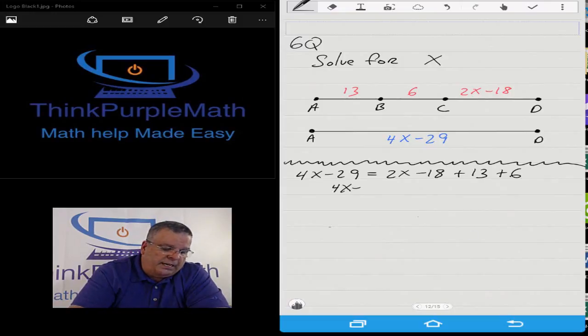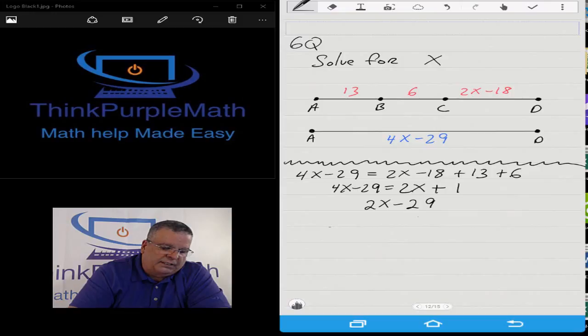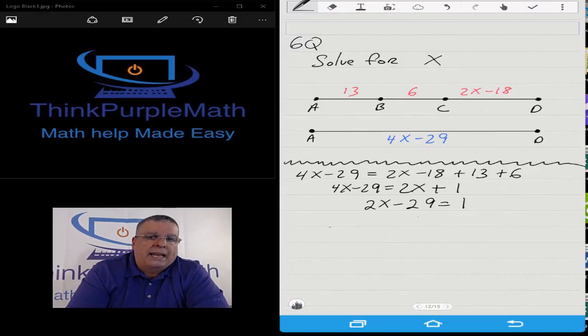We're going to do some arithmetic here. We're going to end up with 2x plus 1 when we combine like terms. I'm going to subtract 2x on both sides, and you would get that. Now I'm going to add 29 to both sides. 2x is equal to 30.